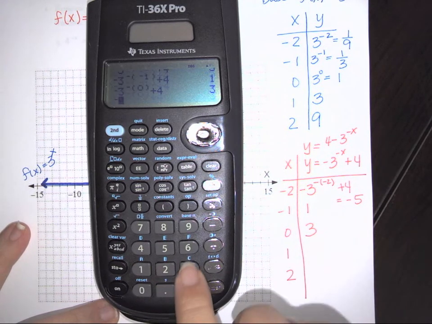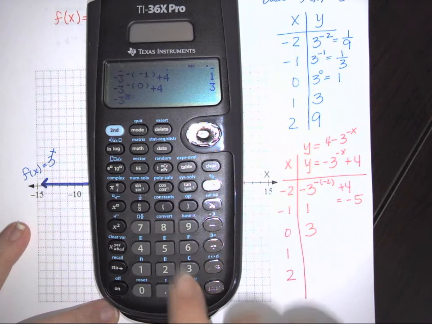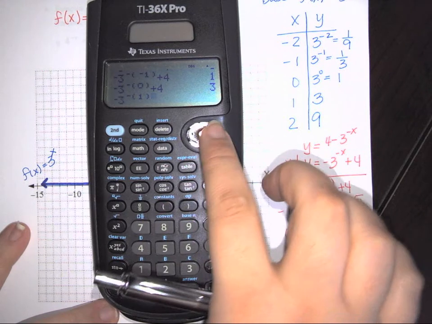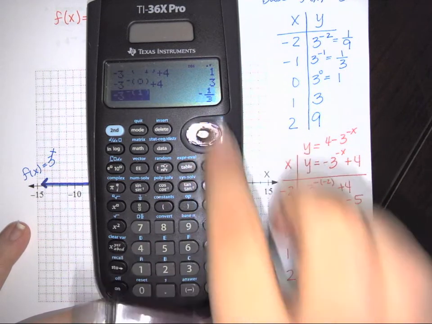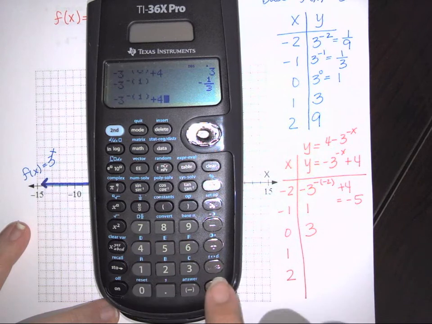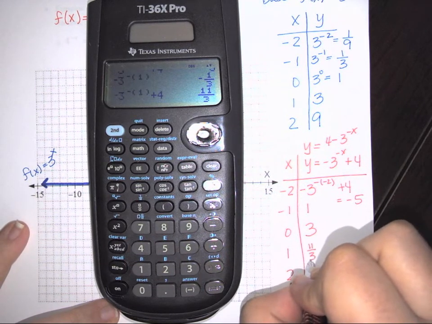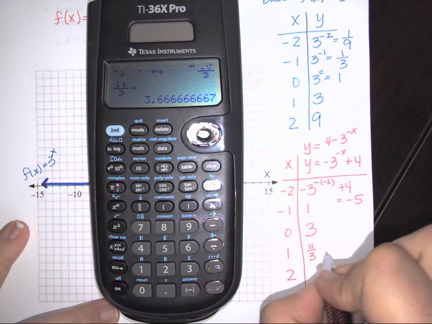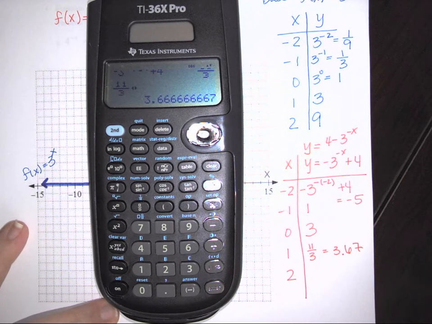And then I have to do negative 3 raised to the negative of my 1 plus 4. And this is going to be 11 over 3, and I'm going to change that, which is 3.67.